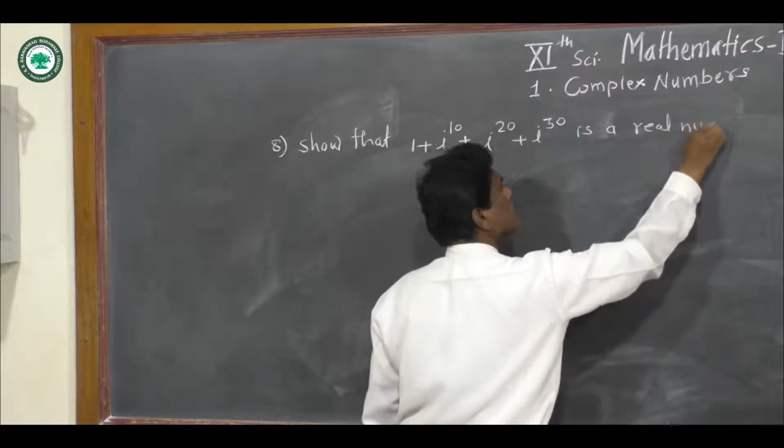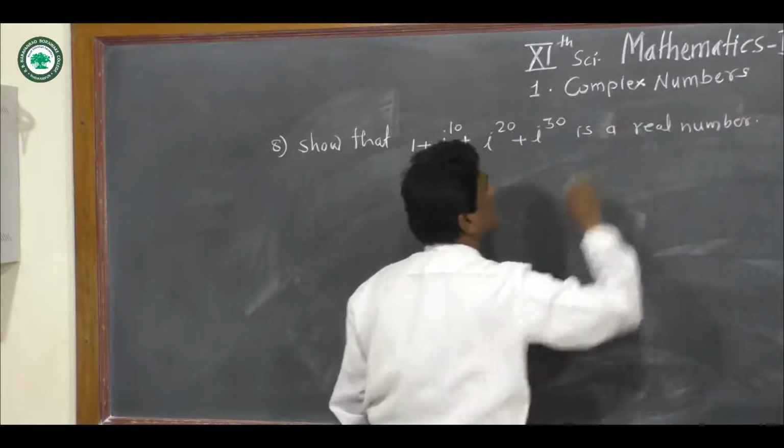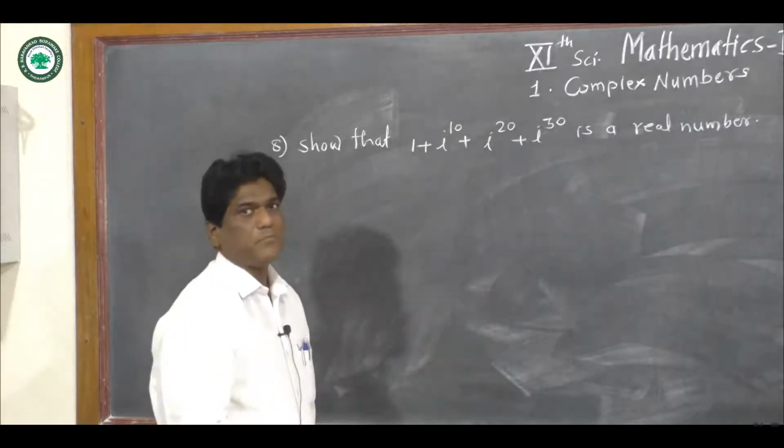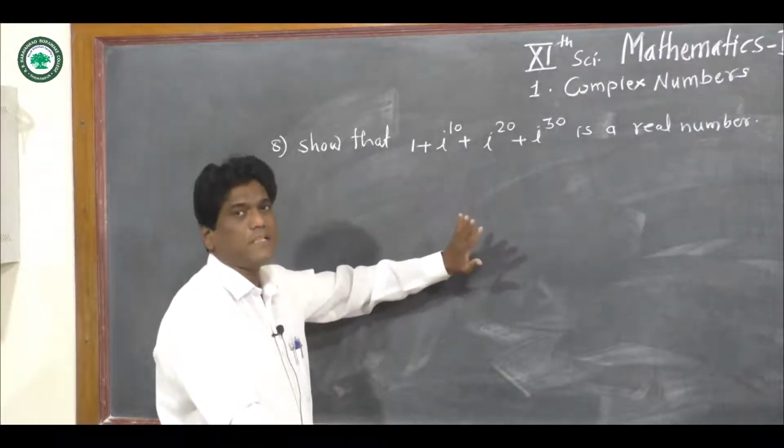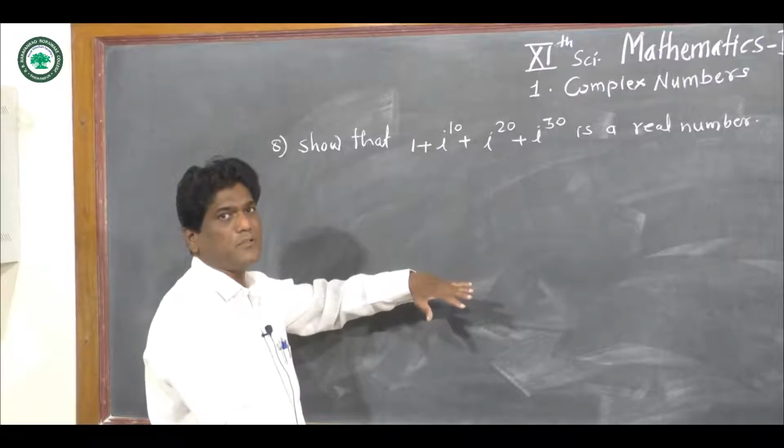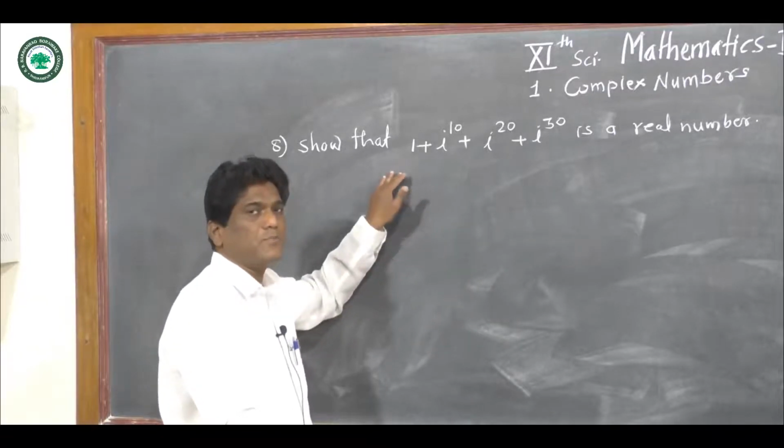We have to show that this is a real number, means it does not contain i, that is an imaginary number. We have to cancel out i from this problem.